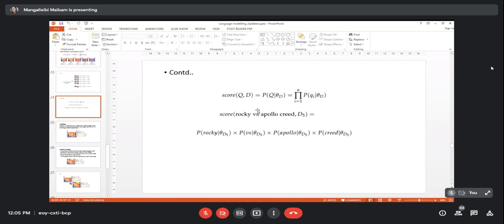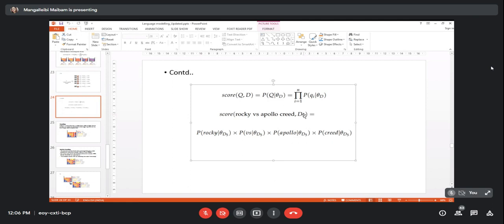So for finding Rocky versus Apollo Creed in D5, we are going to find from D5. Score is calculated for each document, right? So when it is asked, the query will be like this: Rocky versus Apollo Creed from D5. So you have to find the score for D5. When it is said D4, then you have to find the score for D4.